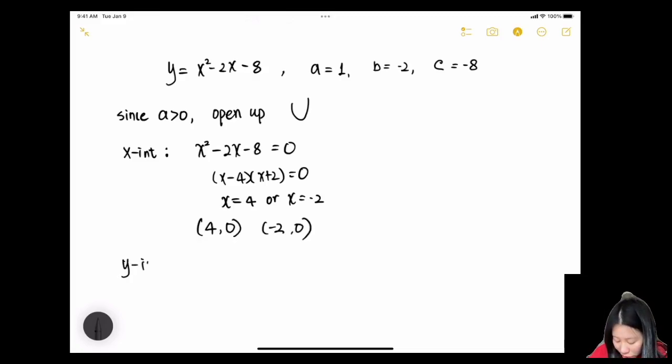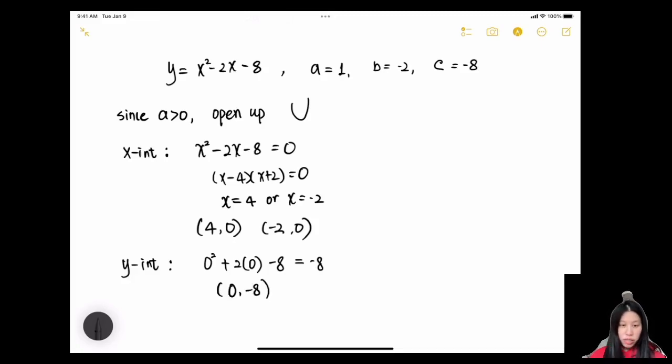So the y-intercept is when x equals 0. I have 0 squared minus 2 times 0 minus 8 equals our y-coordinate, which is negative 8. So when x equals 0, y equals negative 8. Next is the vertex. We need to find the x-coordinate first, with x equals negative b over 2a.